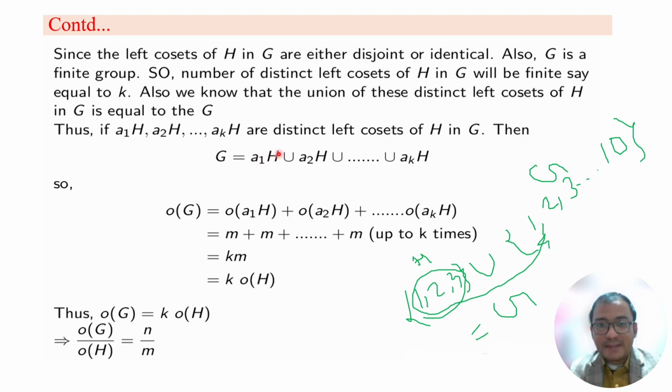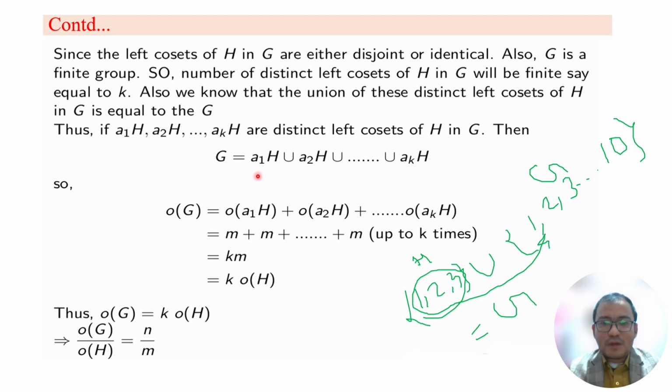Behind this there are many elements, like S1, S2, S3 as we discussed before. Like here also with a2, we did the operation with the distinct elements of the subgroup S, and so on up to the last element of G, where we again did the operation with S. So we got it like this.